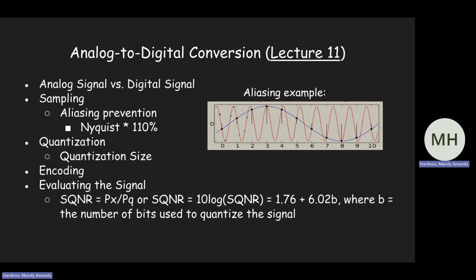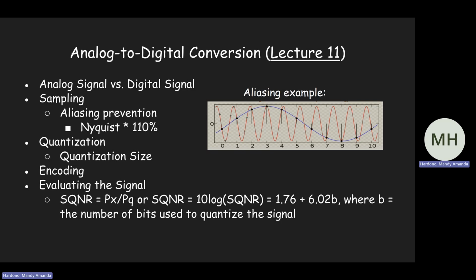Then we move into the quantization part, where you're figuring out the resolution, the number of bits to represent a sampled analog signal. Here you would figure out the step size of your analog to digital conversion.